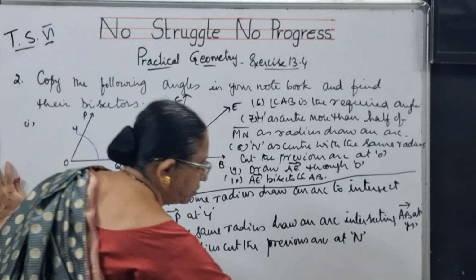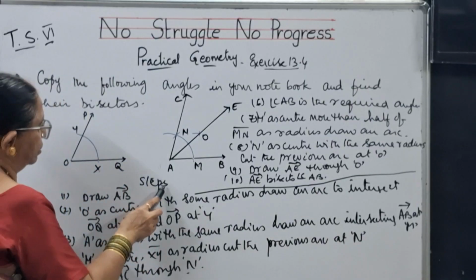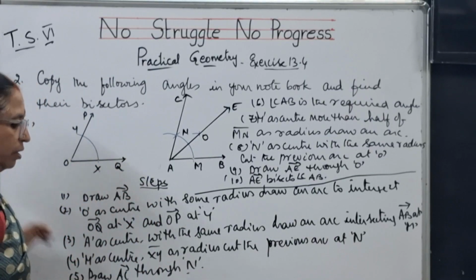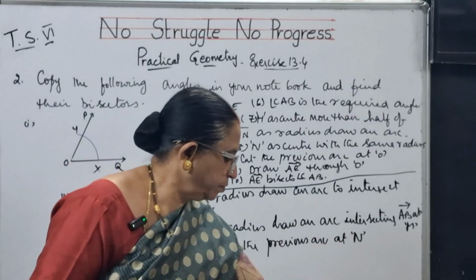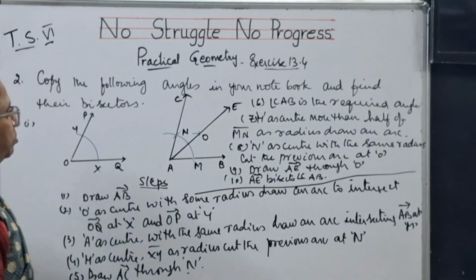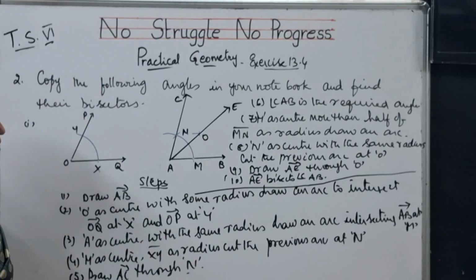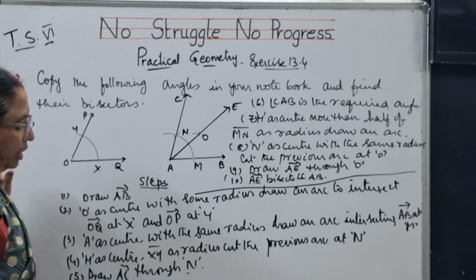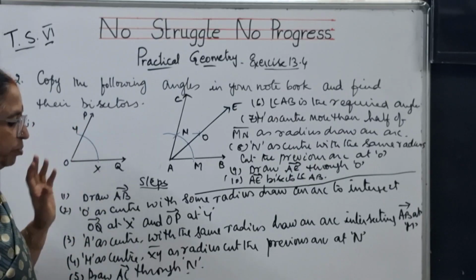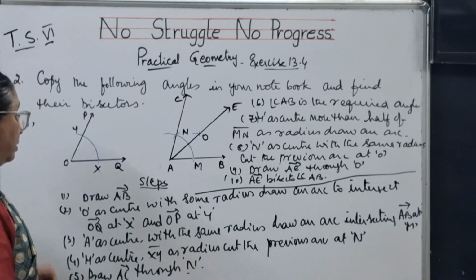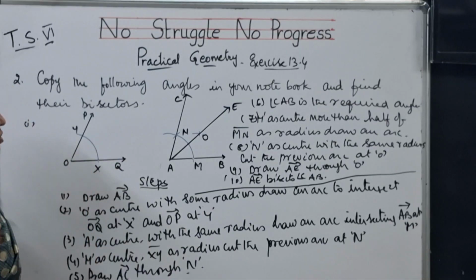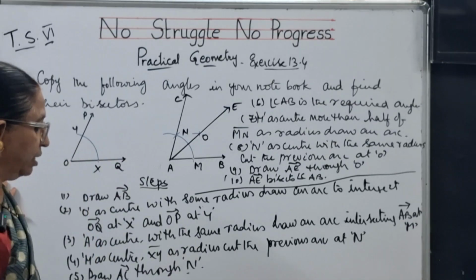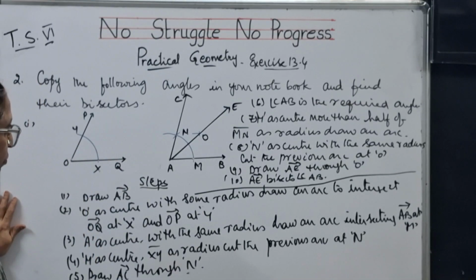Otherwise, just do the construction. That is more than enough for you. The same type of steps you need to write for other constructions also. One is an acute angle, one is an obtuse angle, and another one is also an acute angle. We are going to do that one by one.